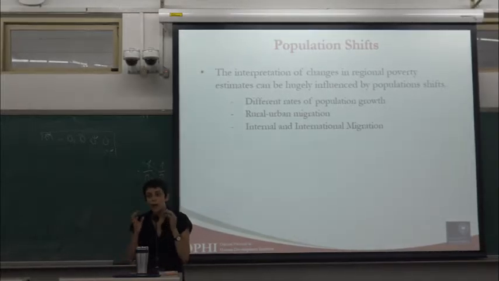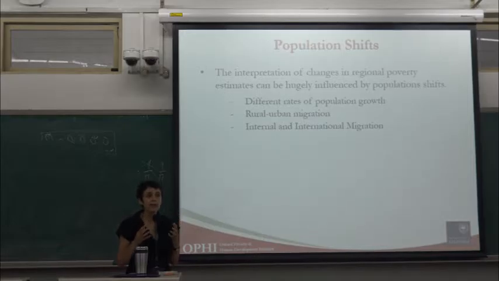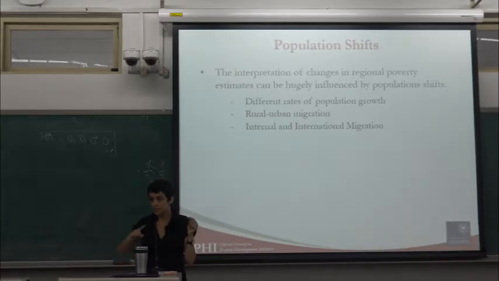So when we look at this, I'm assuming that the distribution of the population has remained more or less the same, but that might not be the case. This is also important when you do urban-rural. You're looking at the changes, but you have to be careful if the shares have changed a lot and who migrated.